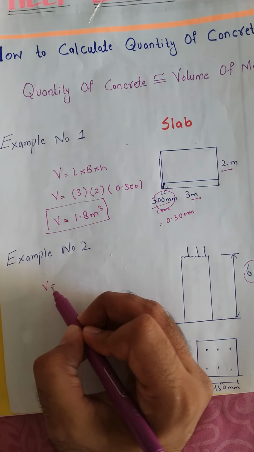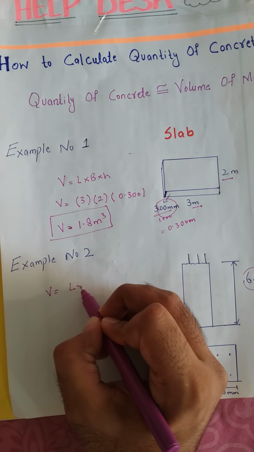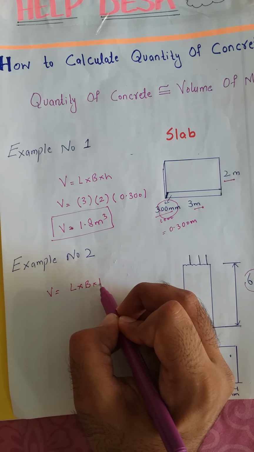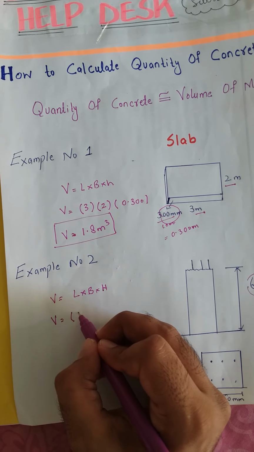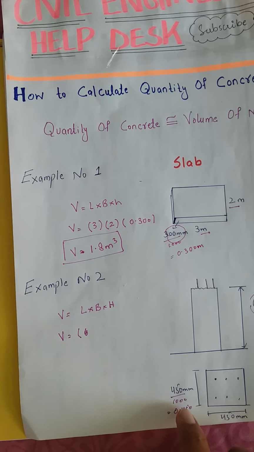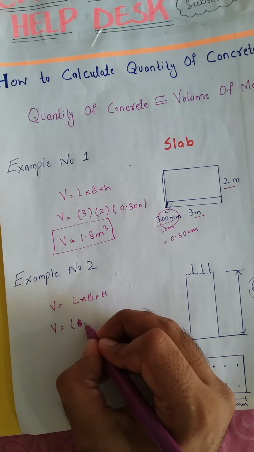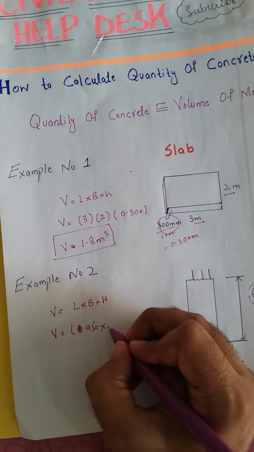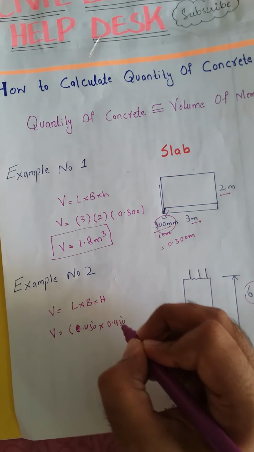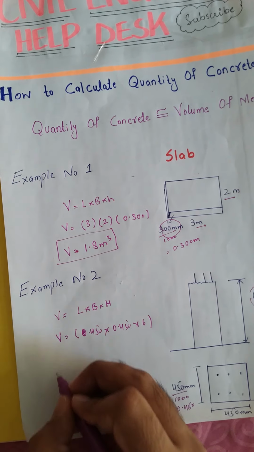The formula for the volume of a column will remain the same, length into breadth into height. So volume is equal to length 0.450, breadth also 0.450, and height 6 meter.